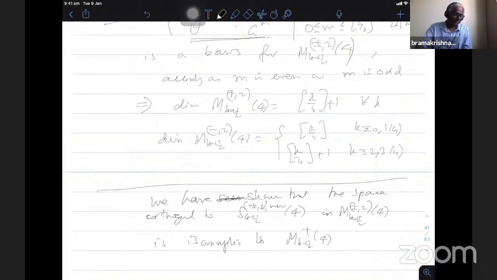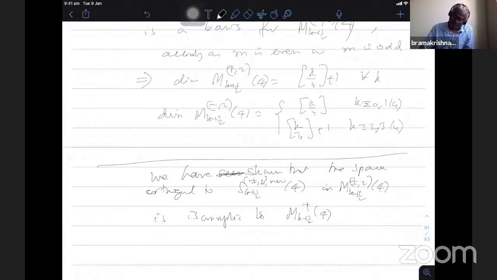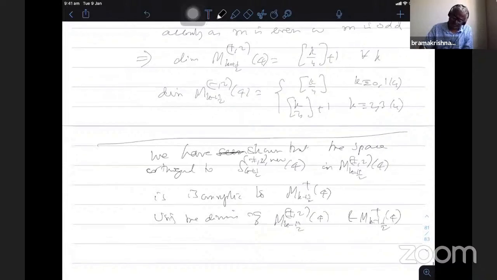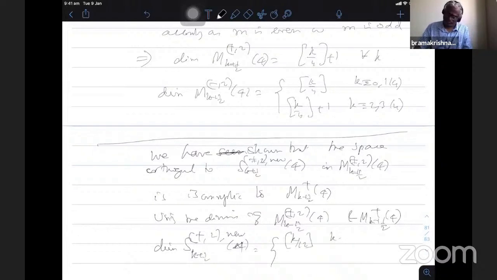Therefore, using the dimensions of M_{k+1/2}^{+,-}(2, 4) and M_{k+1/2}(4), we get the dimension of S_{k+1/2}^{+}(2, 4). It is k/12 when k is congruent to 0, 2, 3, 6 modulo 12, and k/12 plus 1 otherwise.